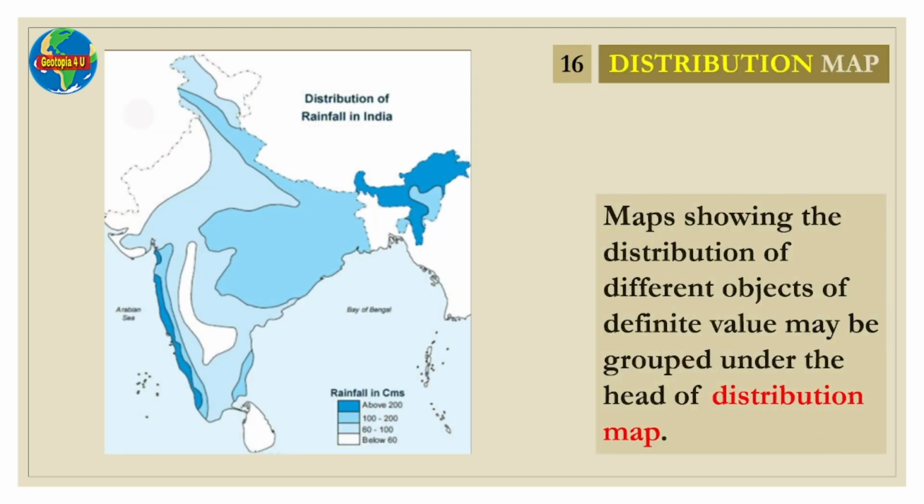Number 16. Distribution map. Maps showing the distribution of different objects, phenomena, or entities of definite value may be grouped under the head of distribution map.